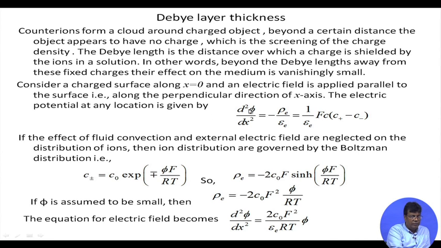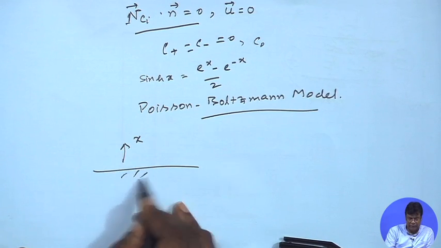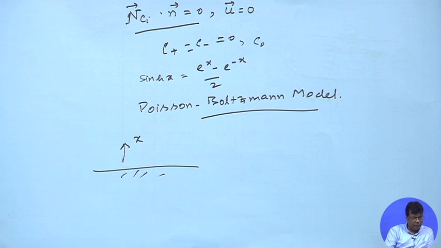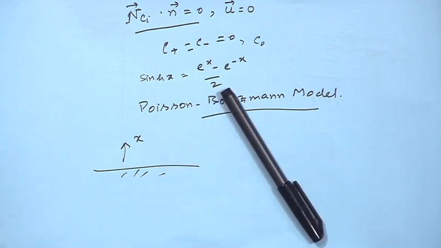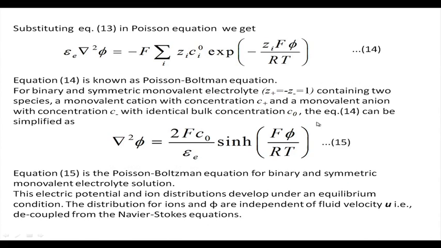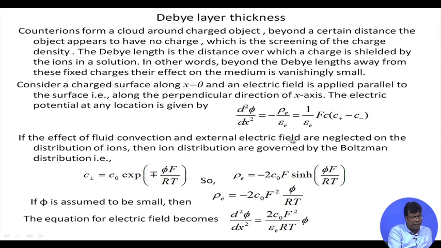So, now if we consider a situation in only one dimension, where x is this direction, we can write this equation as the Poisson equation: d2 phi dx2 equal to minus charge density by epsilon e.